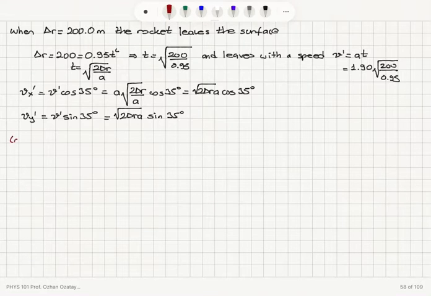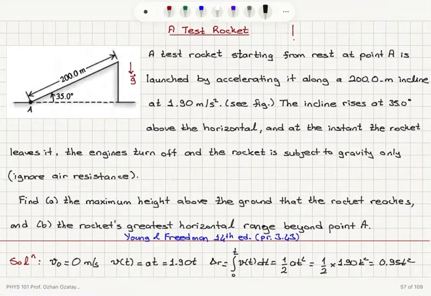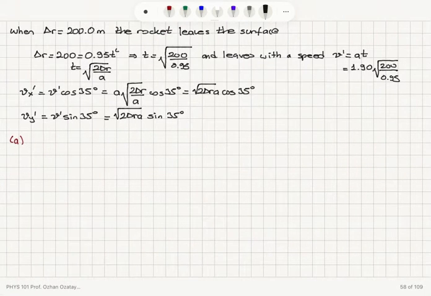Okay, so part A asks me the maximum height above the ground the rocket reaches. So the maximum height is going to be reached when the y component of its velocity, Vy, is equal to 0 meters per second.